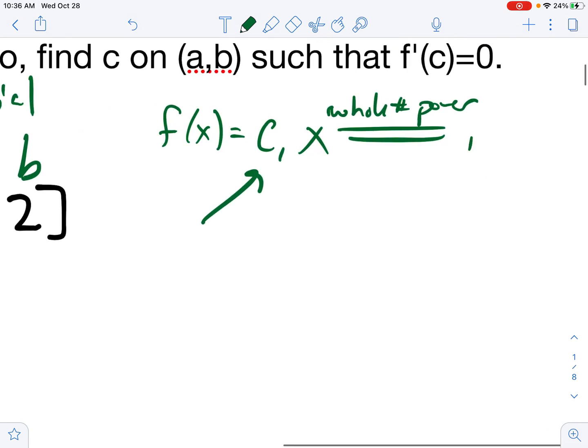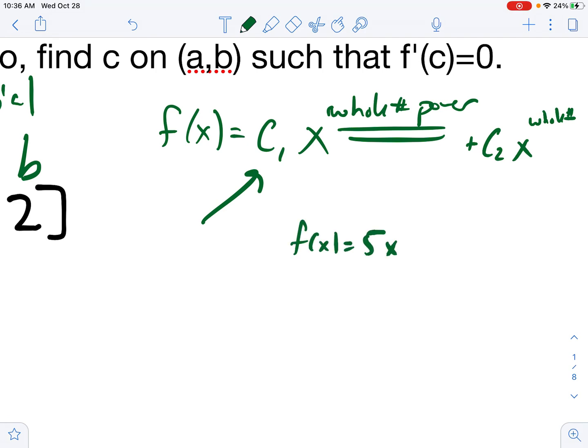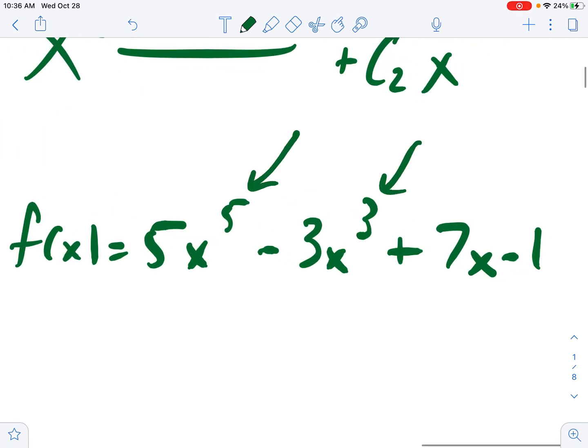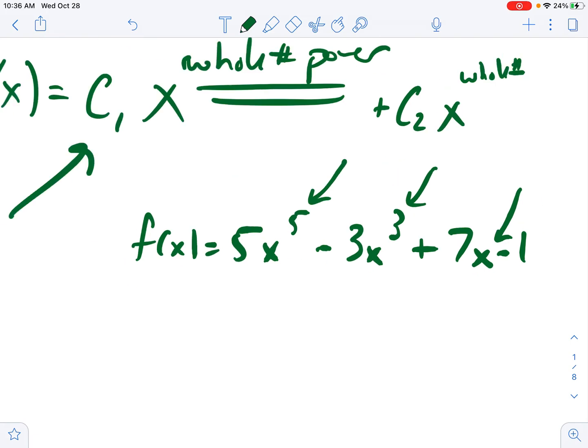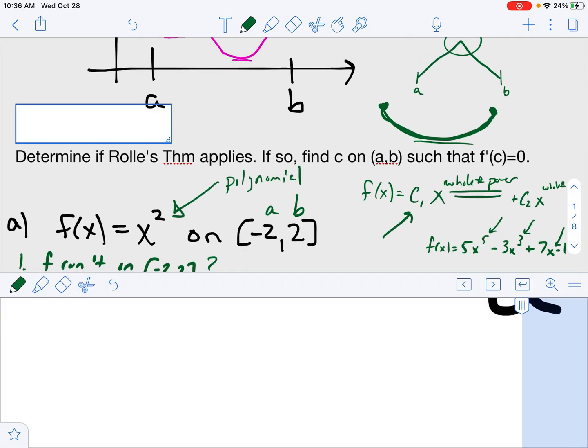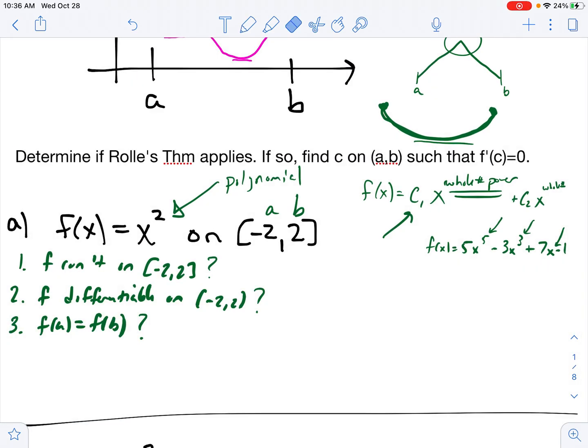But it's made up of a series of terms, and x has to have a whole number power. Those are called polynomials. So for example, f of x equals 5x to the 5th minus 3x cubed plus 7x minus 1. That's a polynomial. As long as these are all whole number powers of x, you've got a polynomial. x to the 1/2, radical x, things like that, they're not polynomials.